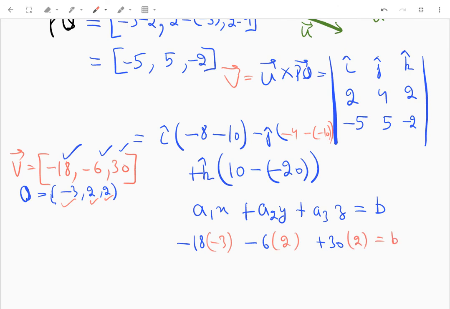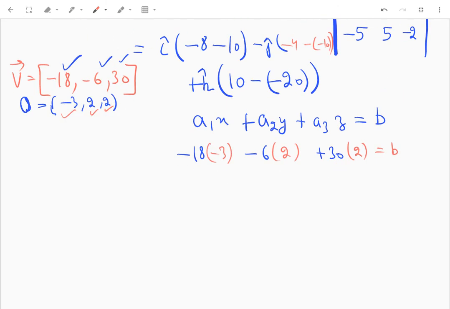And this will give me the value of b, which is 18 threes, 54, minus 12 plus 60. So this is 6 and 5, 114, minus 12, which is 102.